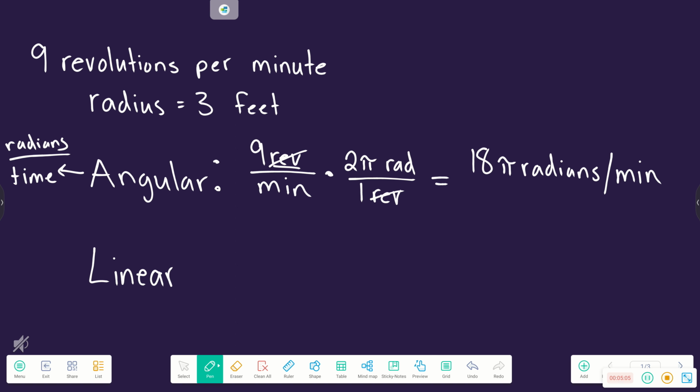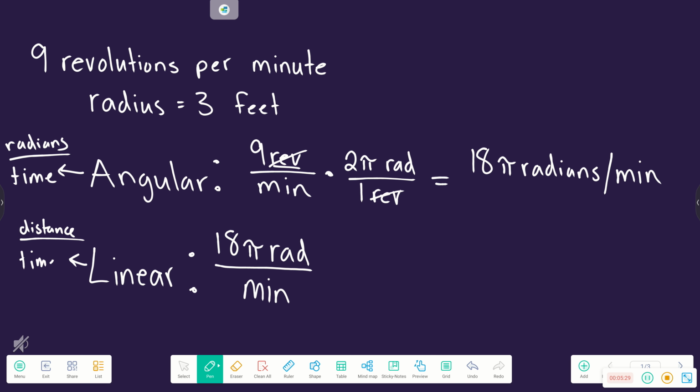Now to move from an angular into a linear velocity, I'm going to take that same fraction or that same velocity. I have 18 pi radians per minute. Now again, for linear, I need some distance per time.